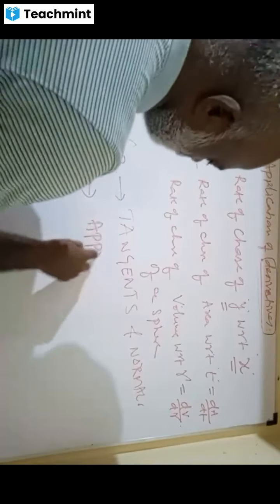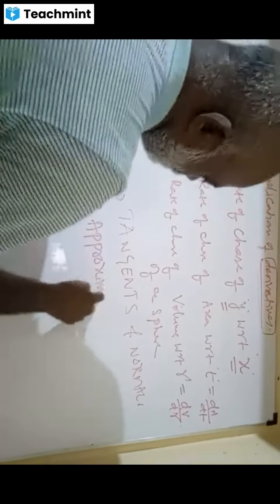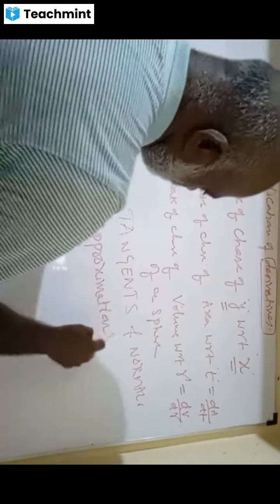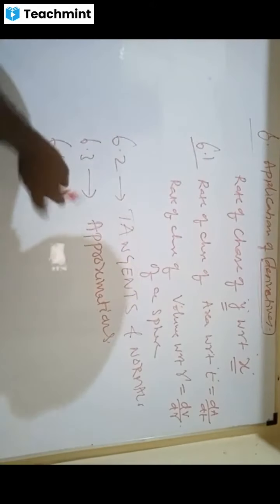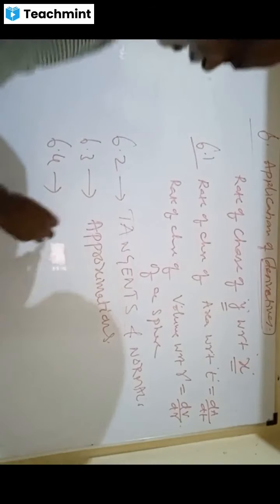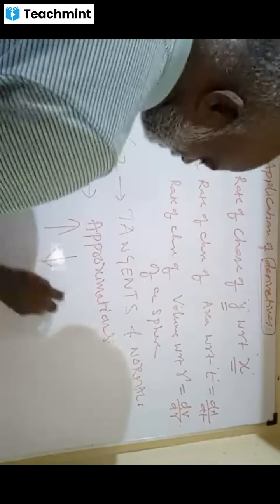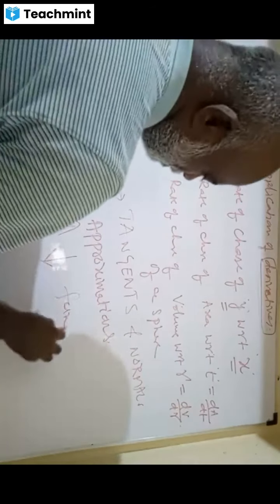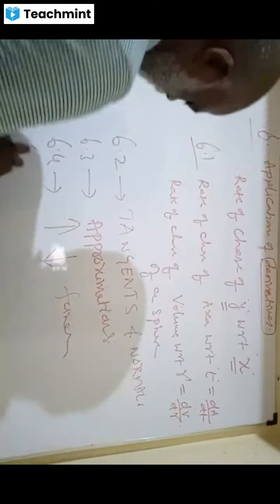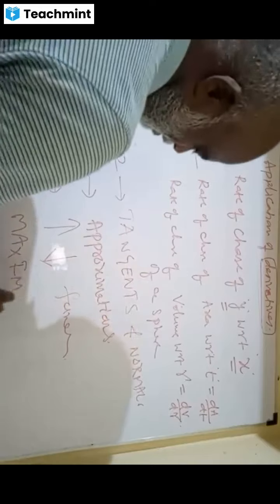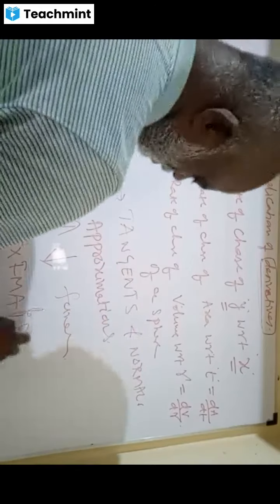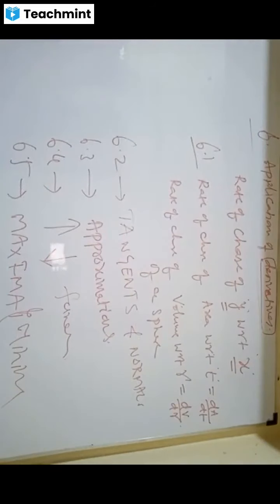Approximations, one more chapter is there. 6.4, and maybe increasing and decreasing functions. 6.5 is maxima and minima. Maxima and minima. Please take it.